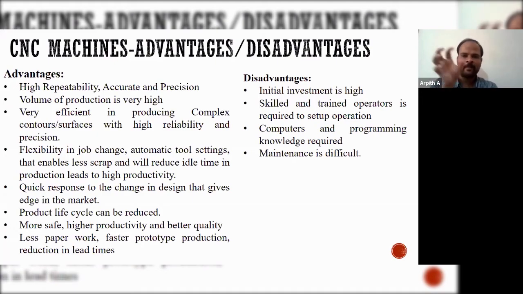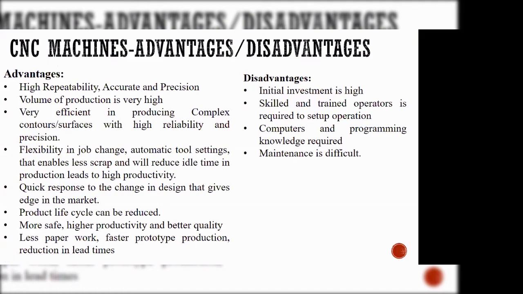You can produce the end product very fast. You can think of the same sentence in a different way, that is faster product production, right? Prototype means product, you can think of that as the product. Is it clear? You can produce the product at a very fast rate. Is it clear? Yes, sir.